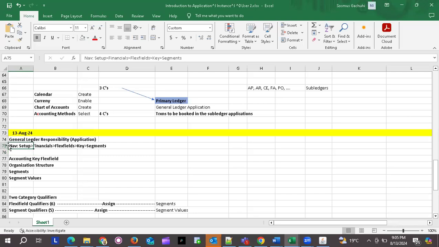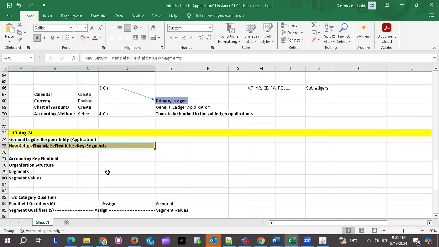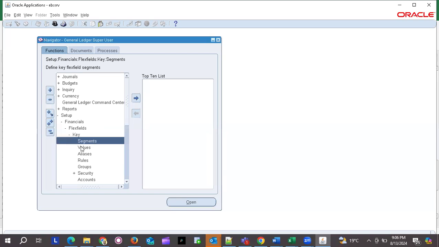That is the navigation. Very important for your memory and for your navigation as well.